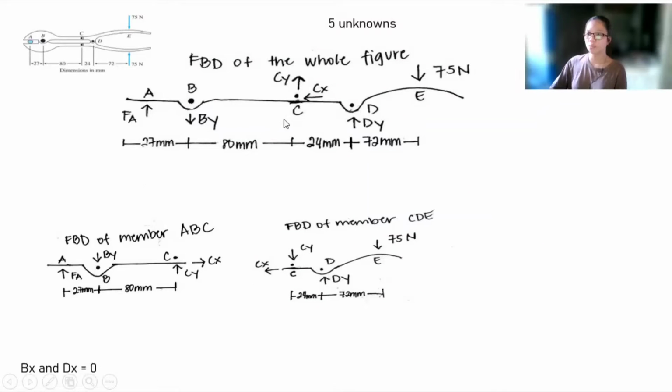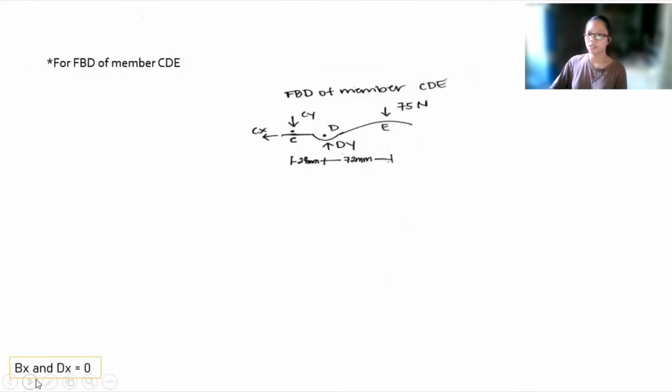So after isolating the members of the body, I can see that the unknown external reactions from the whole figure and FBD of member ABC are all unknown. So I started to compute using the FBD of member CDE. In here, I used the summation of moment at D equal to 0 in a counterclockwise direction.